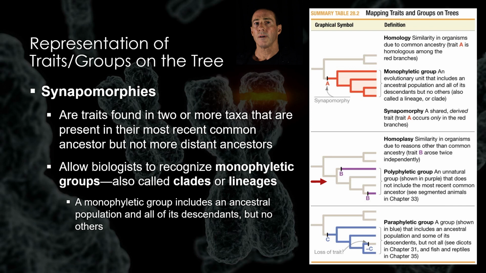Monophyletic groups are distinguished from polyphyletic groups and paraphyletic groups. A polyphyletic group is an artificial grouping that does not include common ancestors. The branches shown in purple are an example. A paraphyletic group includes an ancestral population, but does not include all of the descendants.